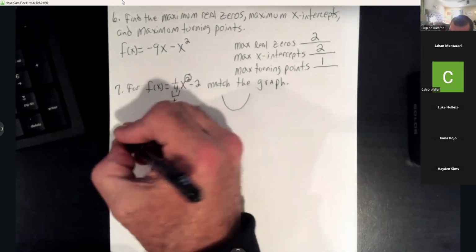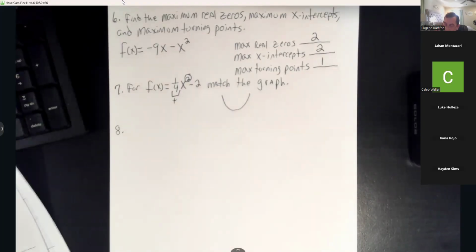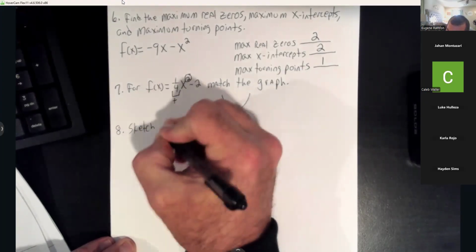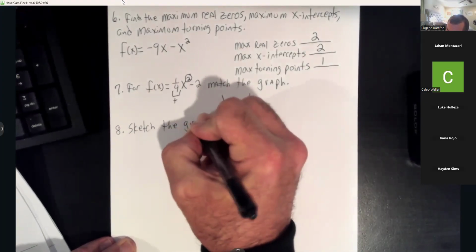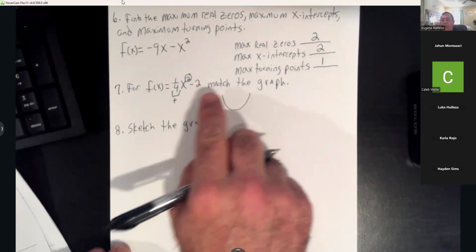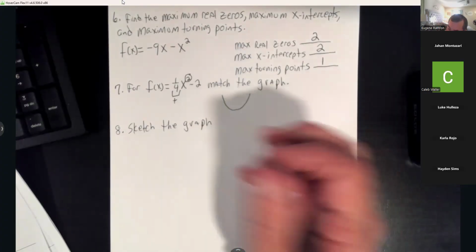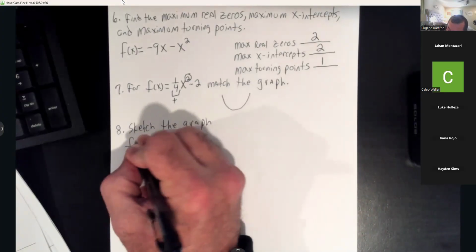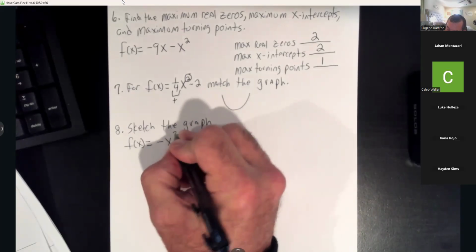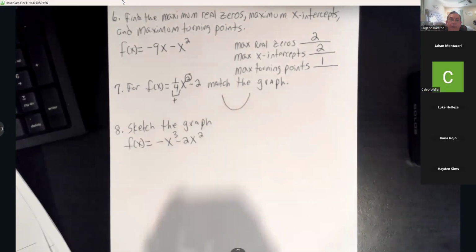Hey, also that chart, like I said, for number 1 works on number 7 and 8. Number 8 wants me to sketch the graph. Now, you can plug these into y equals and get the shapes of these two. So on 8, they're giving me f of x equals negative x cubed minus 2x squared.